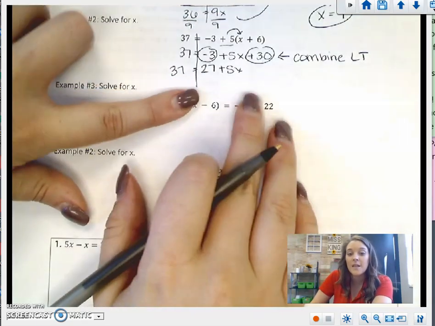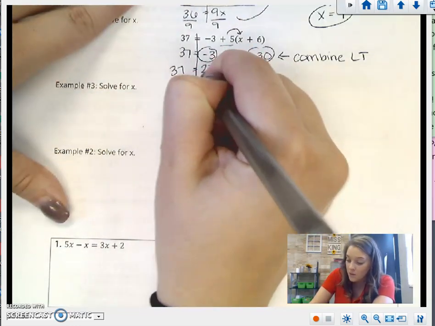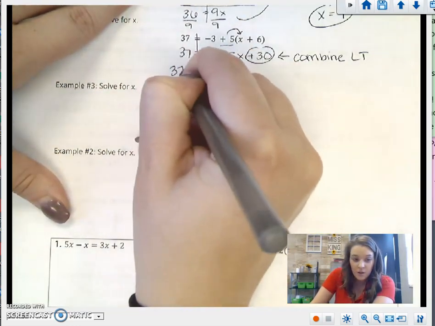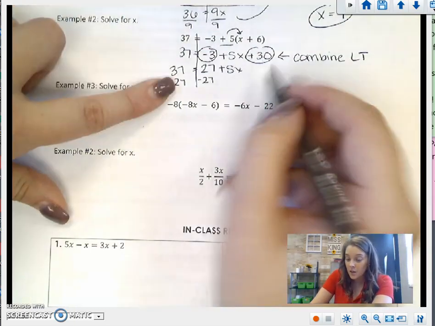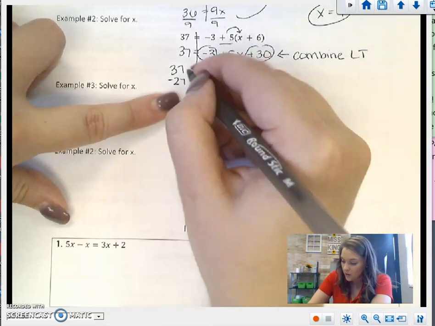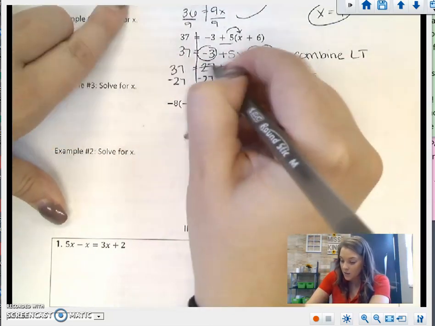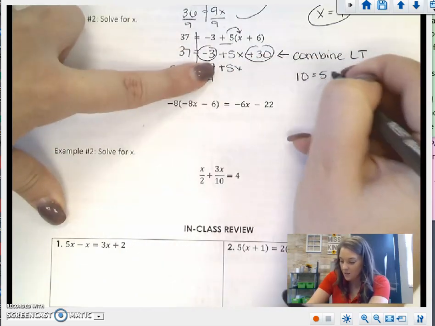I'm trying to get this x by itself, so first I need to get this 5x by itself. So I'm going to subtract 27 from both sides. I'm going to move over here. So I get 37 minus 27 is 10 equals, and that zeroed out, 5x is all I have left on the right.